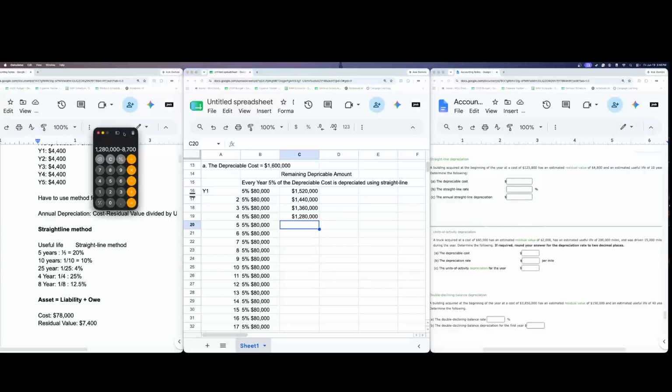Minus 80,000, 1,200,000. Minus 80,000, 1,120,000. Minus 80,000, 1,040,000.